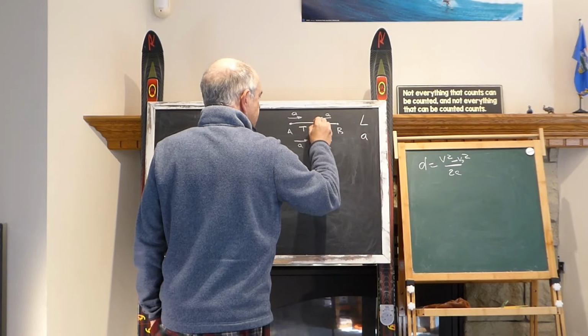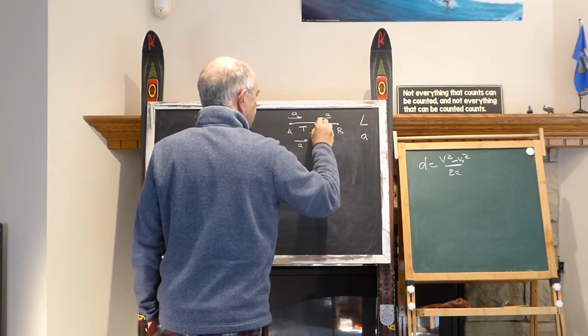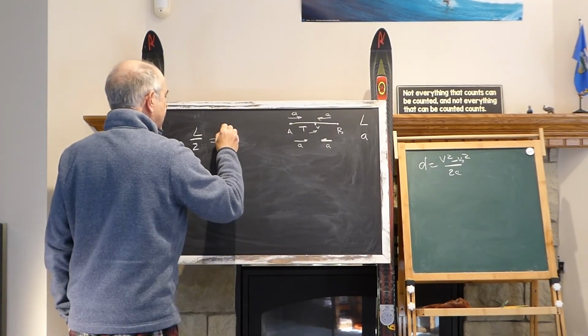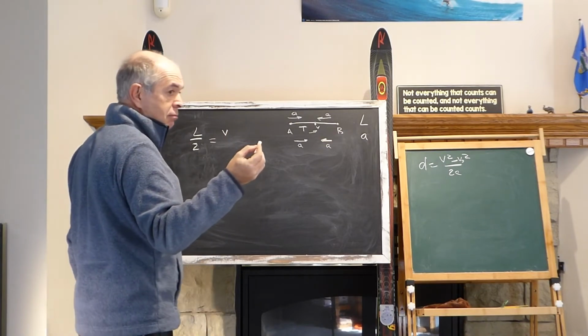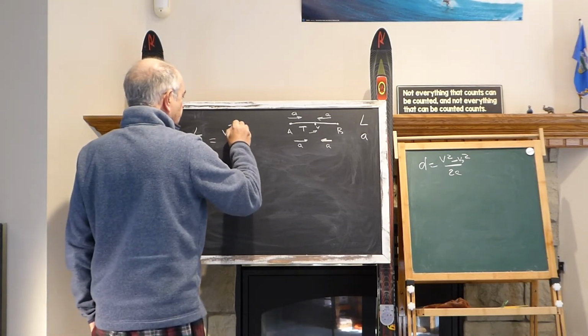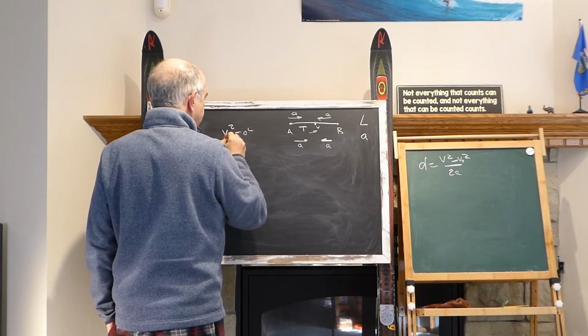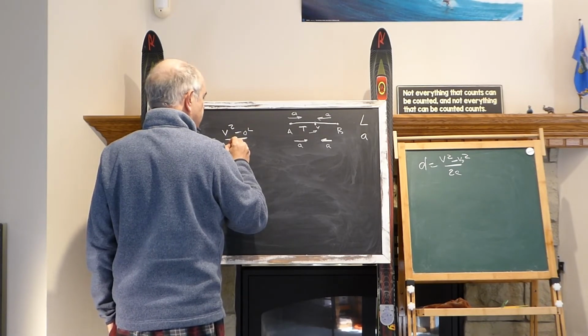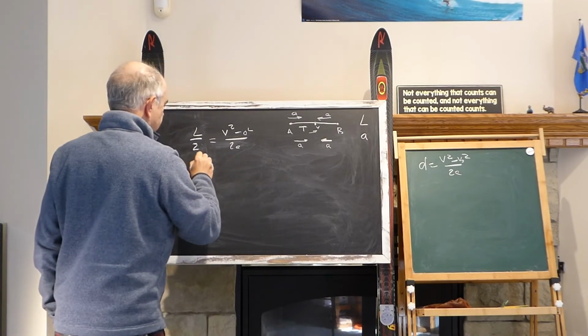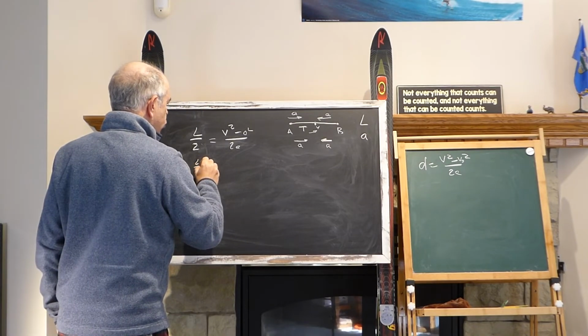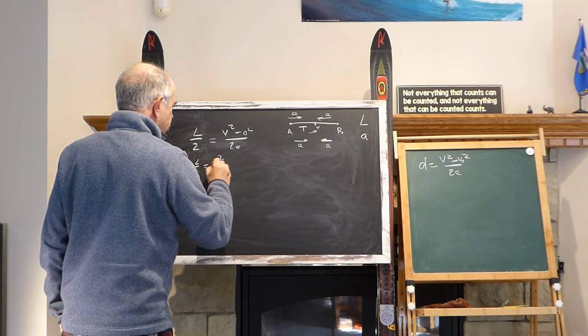V is the speed, the maximum speed that it gained, and that's what they're asking us here. And V0, we start from 0, so minus 0 squared over 2a. So we immediately have L over 2 equals V squared over 2a.